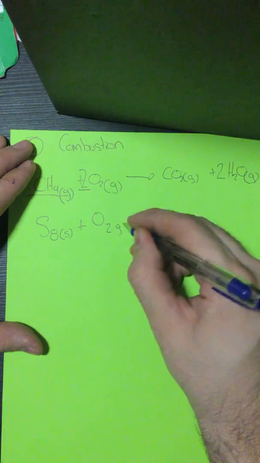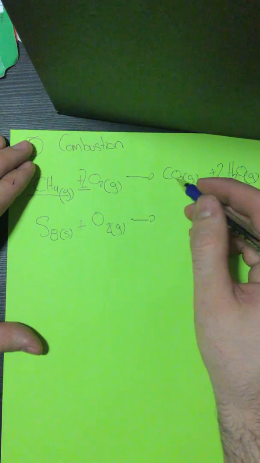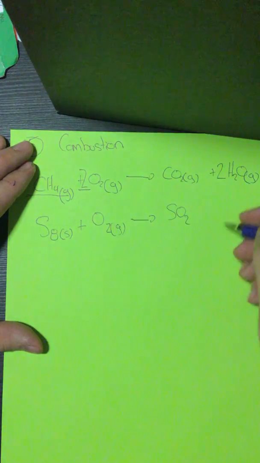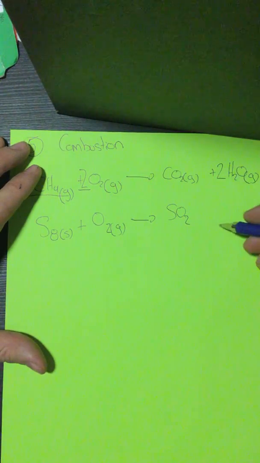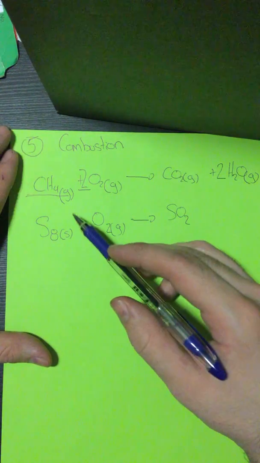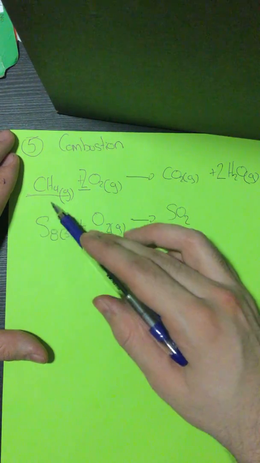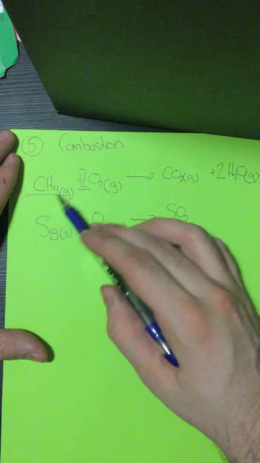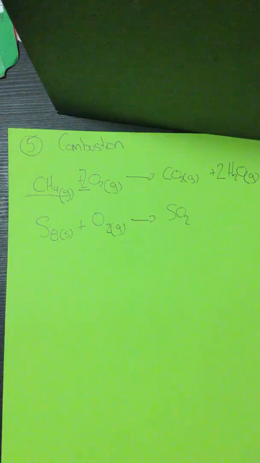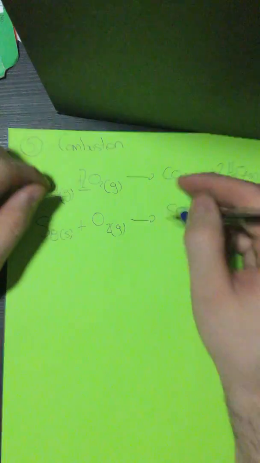O2, but instead of CO2, I now have SO2. As far as the water is concerned, water is not produced in this particular reaction because I don't have any hydrogen in my compound. The hydrogen is always your tip-off that water could be included. So I have all of what I need for the reaction, and then it just comes down to balance.